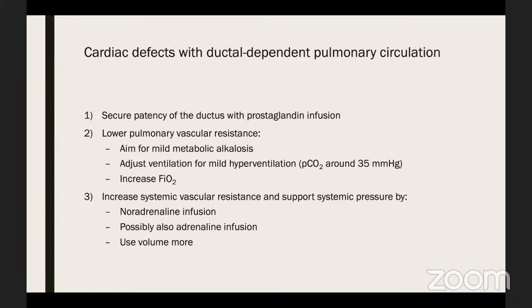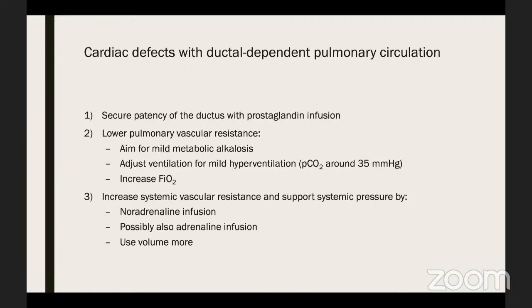The second group, the ductal dependent pulmonary circulation, also we have to secure or maintain the patency of the ductus arteriosus with a prostaglandin infusion. Now we will do the opposite. We will aim to lower the pulmonary vascular resistance and increase the systemic vascular resistance, aiming to enhance the pulmonary circulation.